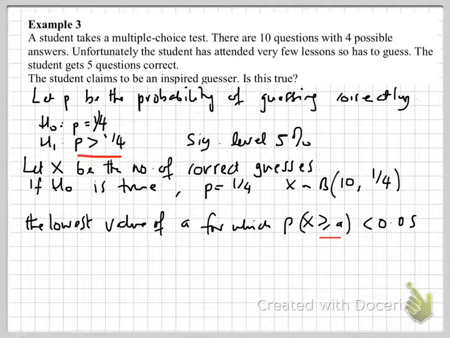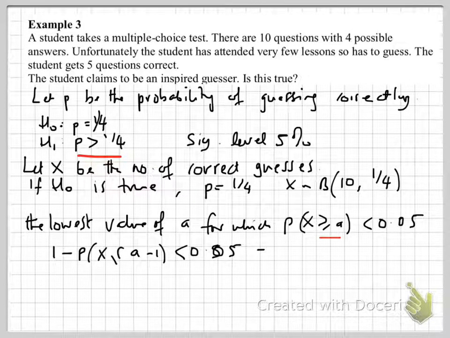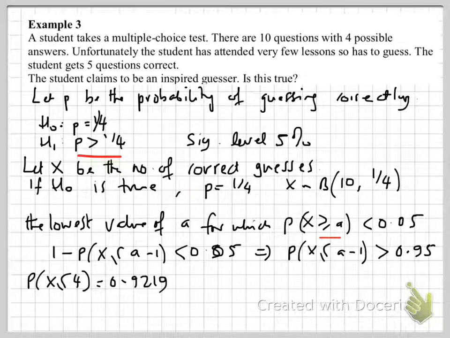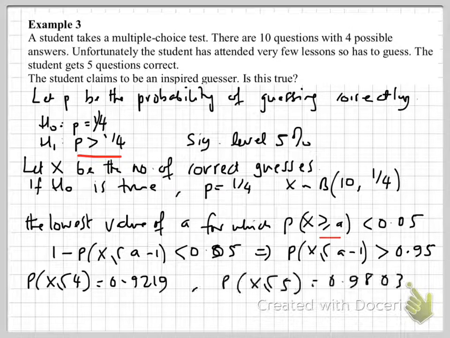And so if we rearrange this, we've got one take away the probability of X less than or equal to A minus 1, because they're discrete values, and that's less than 0.05. Rearrange that and we end up with something with 0.95. And if we look at our tables, we can see, and it's good to put down both values, X is less than or equal to 4 or less than or equal to 5.